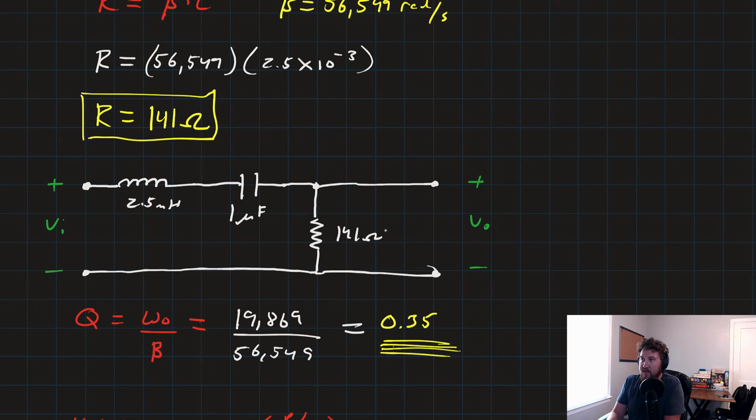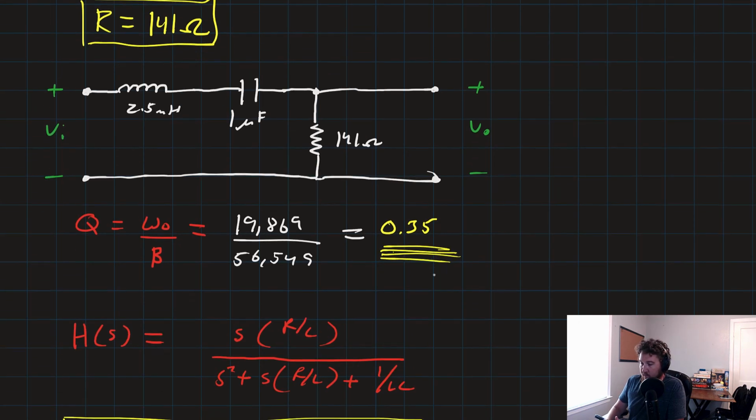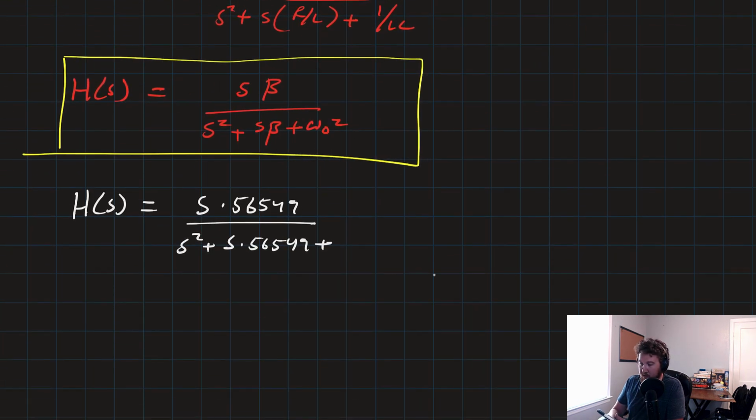So what is 19,869 squared? It's a big old number, 394 times 10 to the 6, and it's 0.7 times 10 to the 6. I'm going to write it as 395 times 10 to the 6. I like to play it fast and loose with my rounding sometimes.